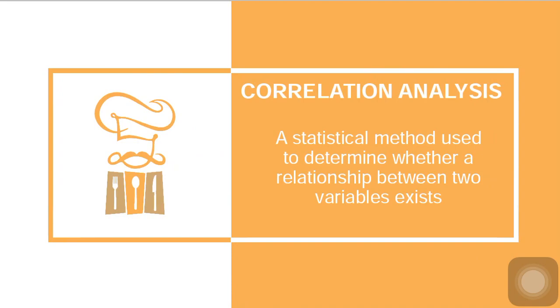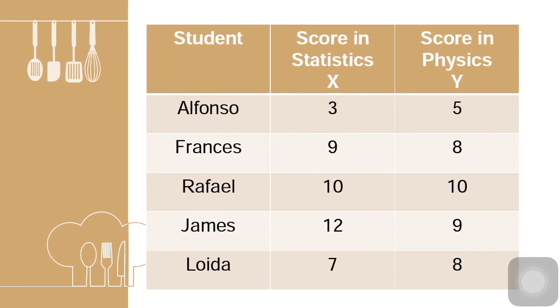Now, we need to check the relationship of two variables in a bivariate data. For example, if we check the relationship between the IQ scores and the math scores, the method of checking its relationship is called correlation analysis. For example, we talk about this data.